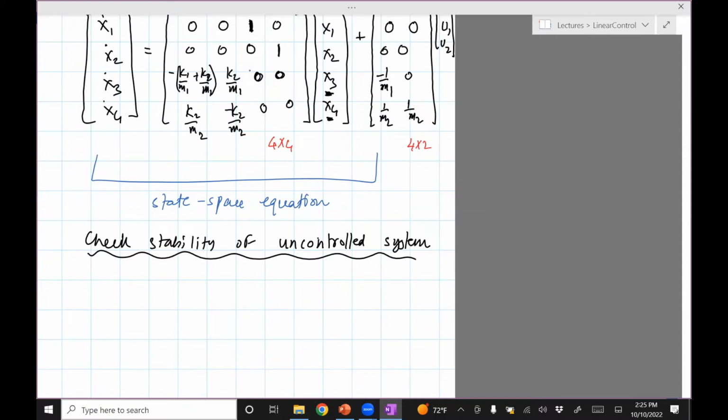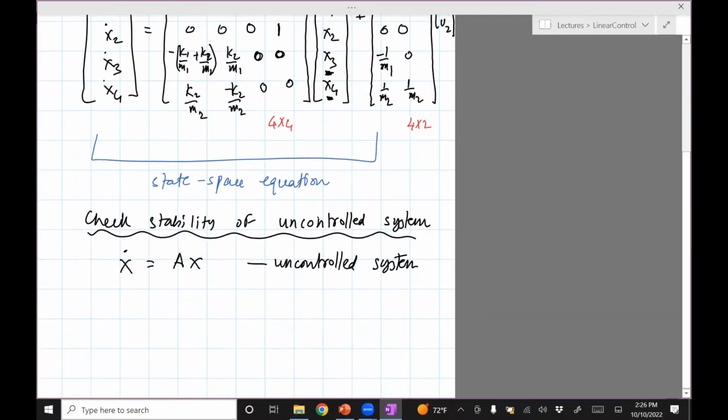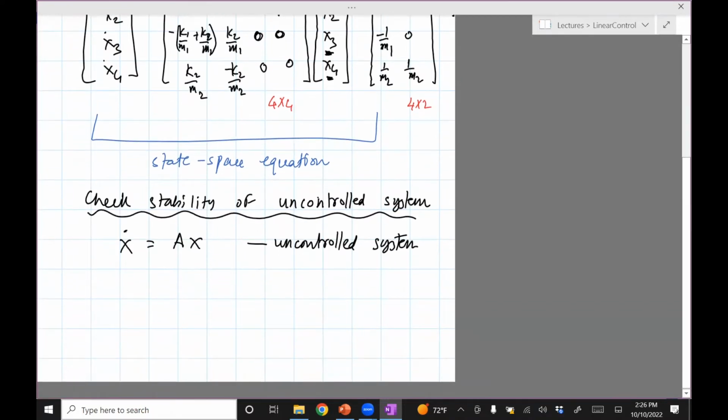So if you want to look at the stability of the uncontrolled system, you can perturb this numerically and then see how x dot evolves, and you sort of get some intuition, but there's an easier way to check for the stability of the system.